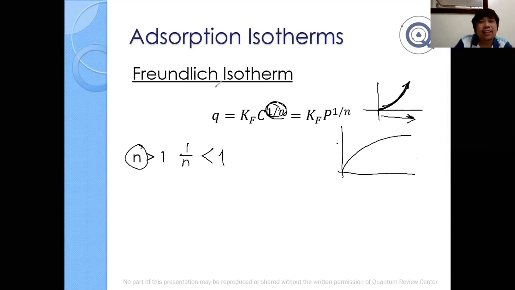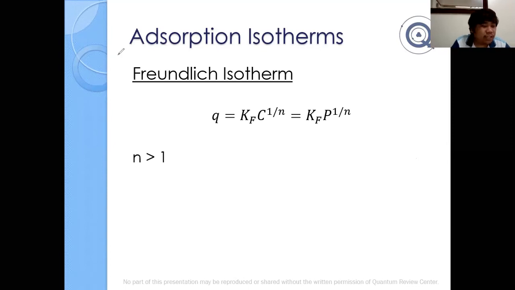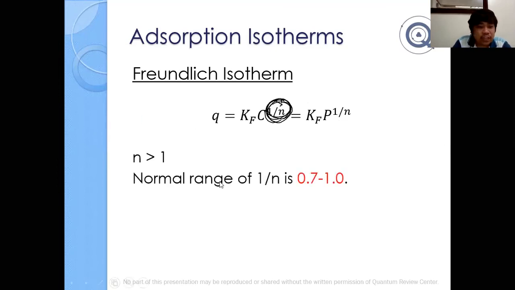Okay? Now, guys, there was a question before in the board exam asking what the common value of 1 over N is. So, in the choices, you will pick the value of the exponent that should not exceed 1. Okay? The value should not exceed 1. Alright? Now, to narrow down, the normal range of 1 over N should be 0.7 to 1 for physisorption.